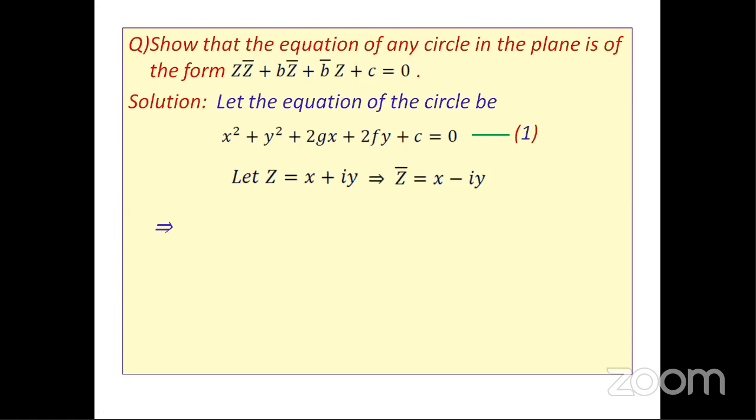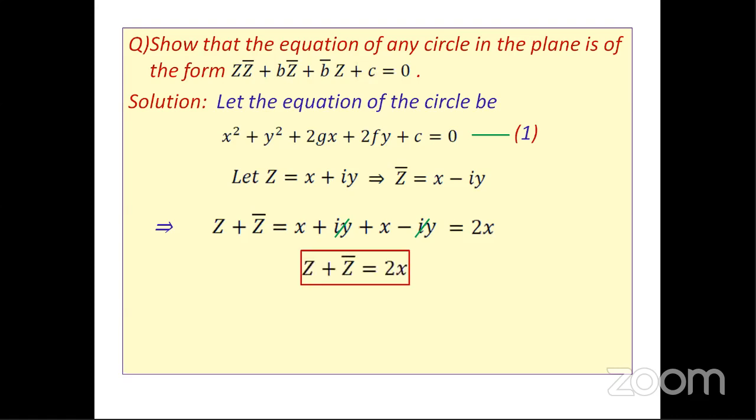So we will try to consider what is z plus z bar. Z plus z bar, that means we are adding x plus iy plus x minus iy. When we do so, iy and minus iy get cancelled. Then you will be left with 2x. So z plus z bar is nothing but 2x. Now we'll try to consider what is z minus z bar, children.